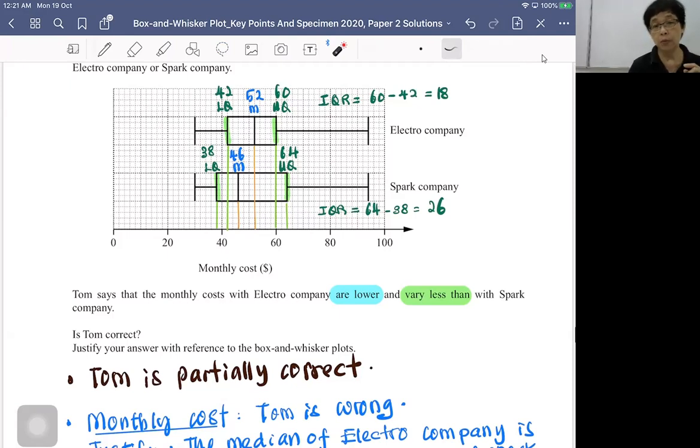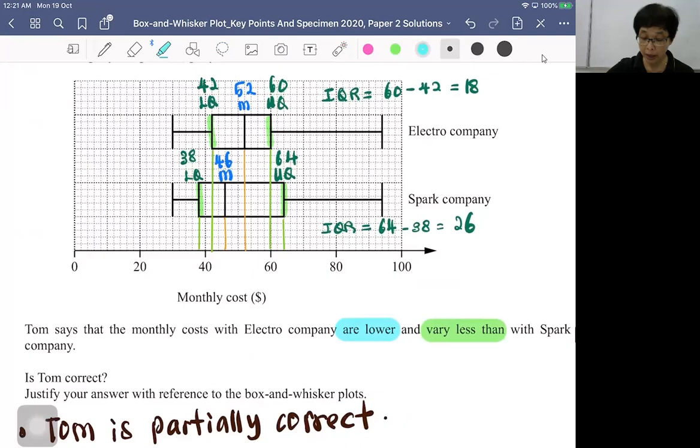Now, before we review the solution in detail, let us do some recap for the first part of the conclusion. Tom is supposed to draw this conclusion based on what feature? Yes, you got that. He is supposed to draw the conclusion by looking at the median. I'm going to put in the corresponding color. Yes, this is the median. We have learned from the key points slides just now.